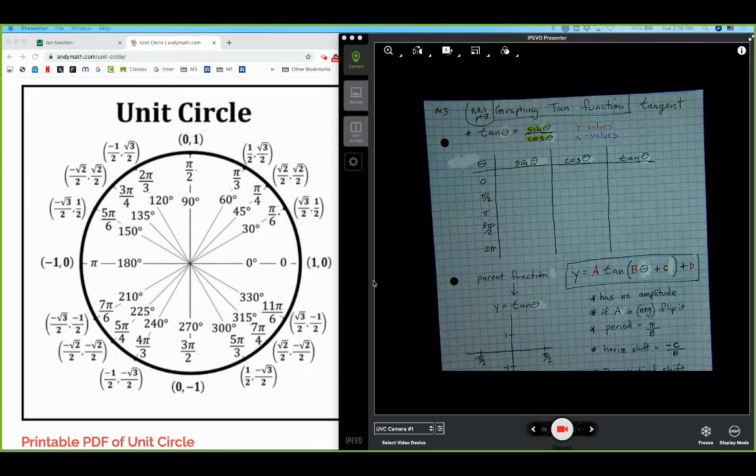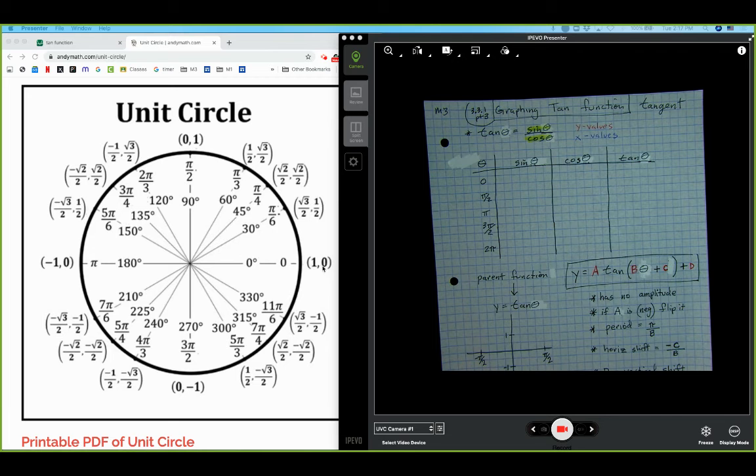So look on the screen here. We're going to do all of the sine functions for our 4 values here. And remember, the sine function is looking at the y values along the unit circle as we rotate a certain number of radians around the unit circle. So if I'm here at 0 radians, 0 degrees, how far up and down am I? I am at 0 for y.